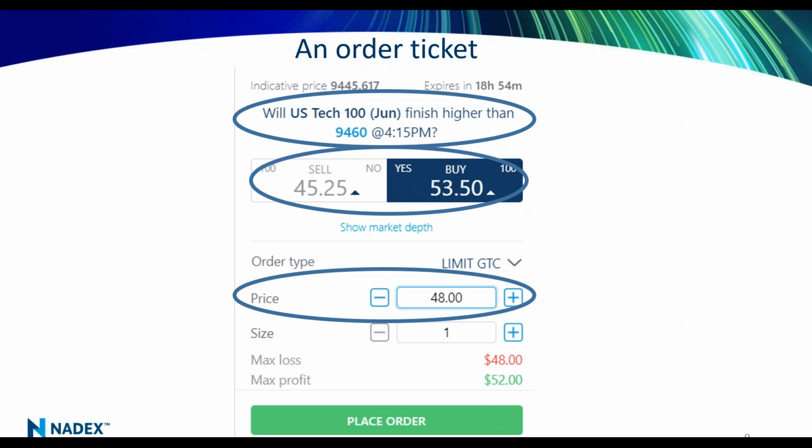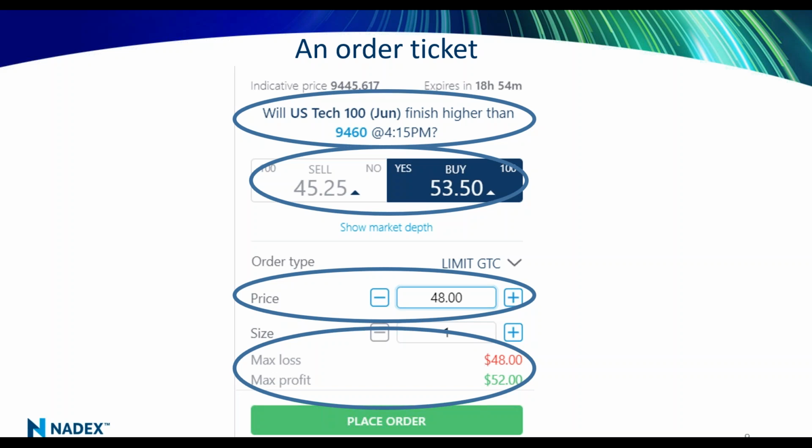On the order ticket, you'll see the price. As I mentioned, if I want to try to buy one at 48, I can. And when I do that, it will calculate your maximum loss or maximum profit before you even place the trade.